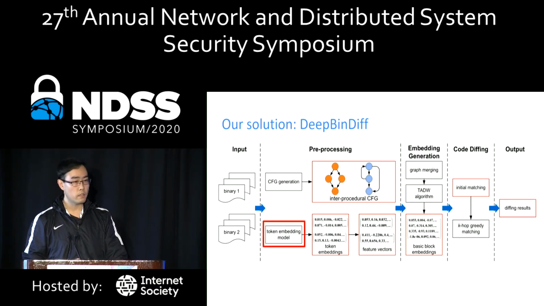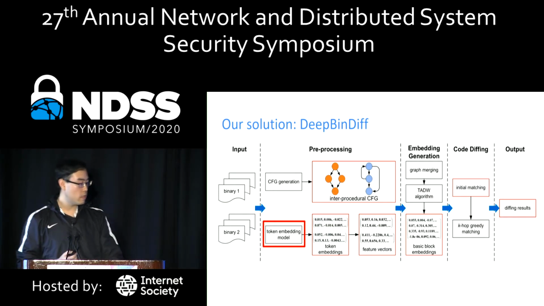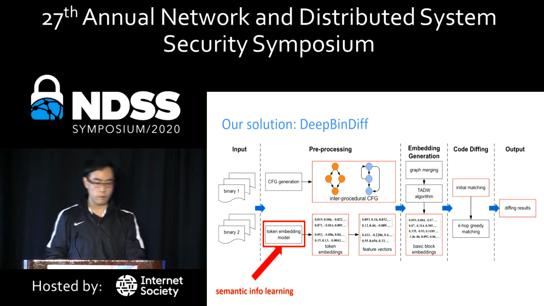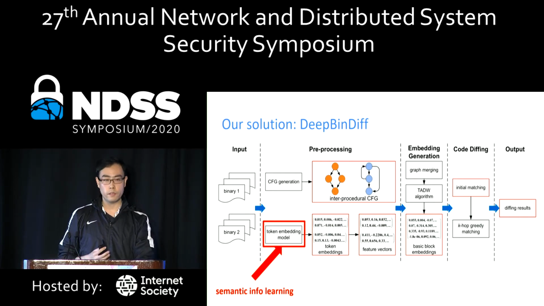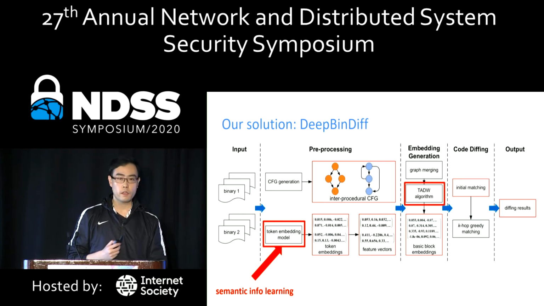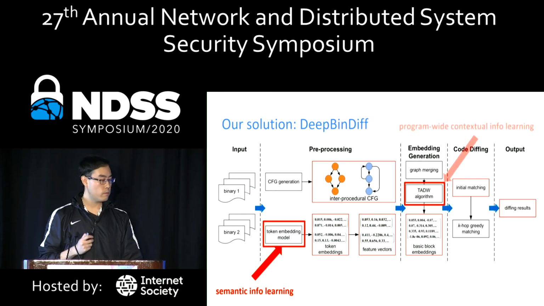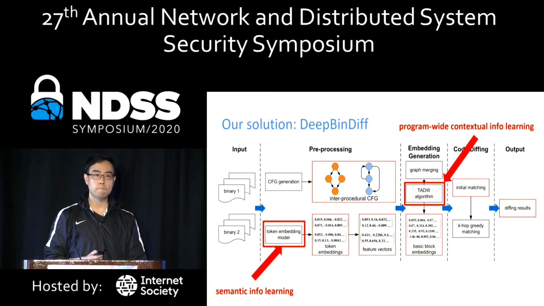There are several components that we would like to highlight here. First is the token embedding model, where we perform semantic information learning. Also, we have the TADW algorithm, which is short for text-associated DeepWalk algorithm. This algorithm is used to learn program-wide contextual information.